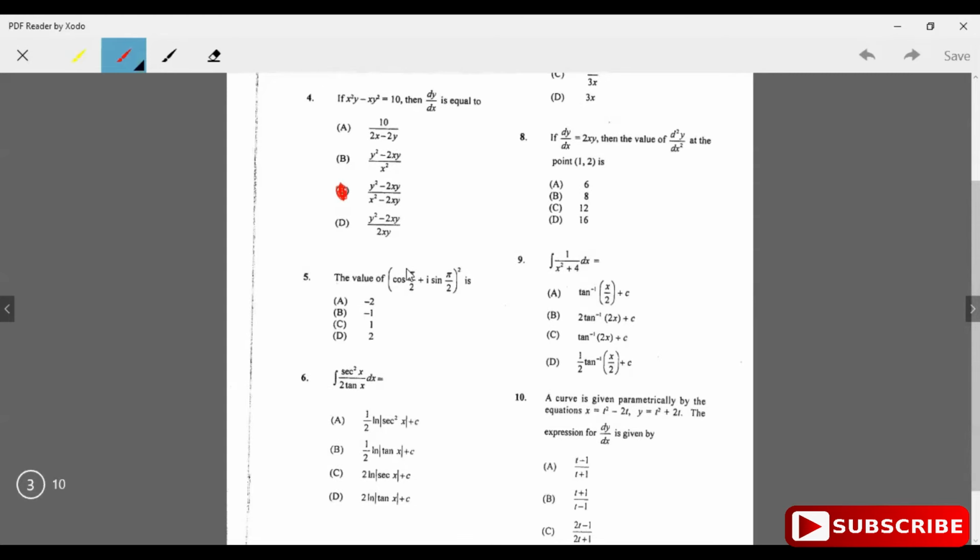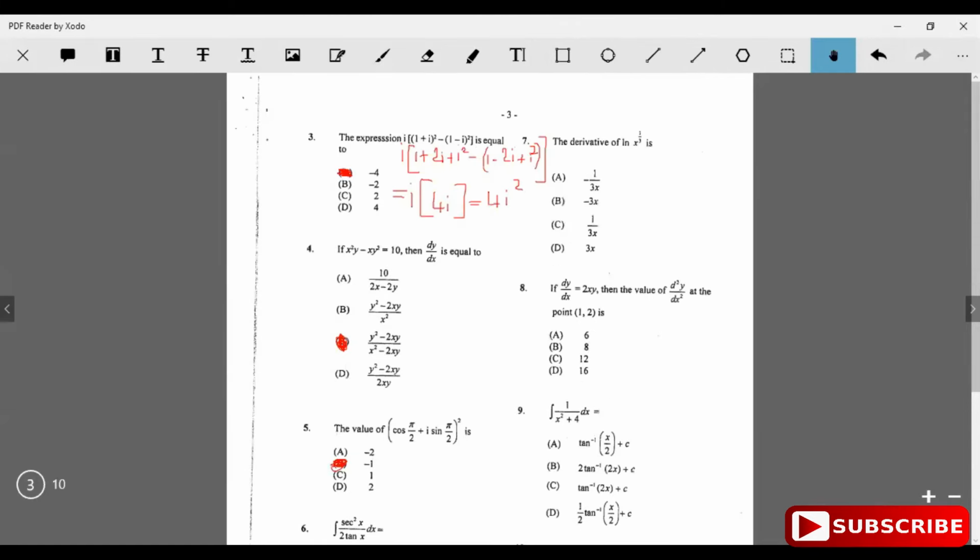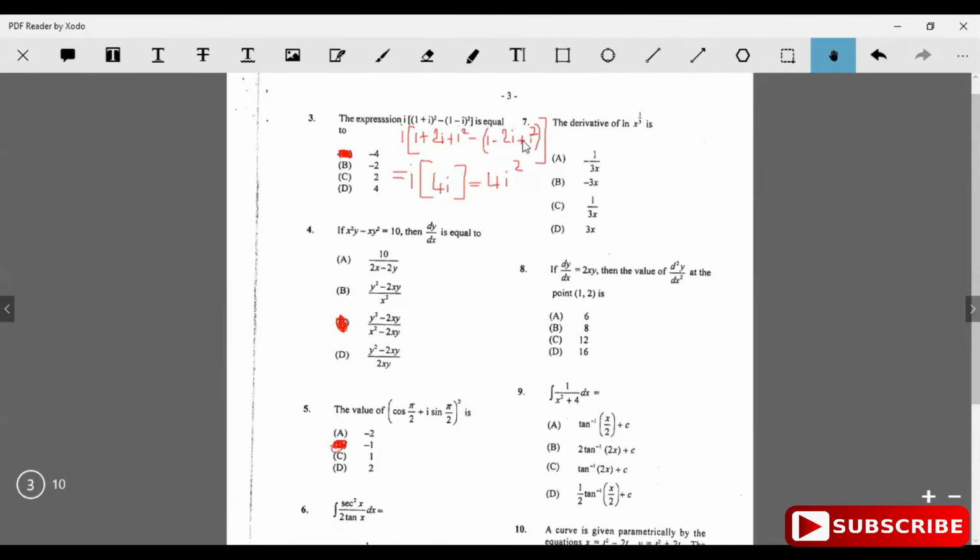What's question 5? B, negative 1. Nice. These are all repeat questions. What's question 6? B. Very good. Sharp. That's how I like to see it. As these questions repeat, it makes it easy.